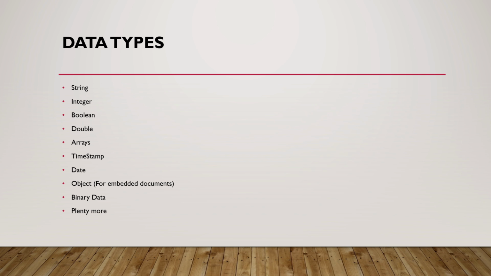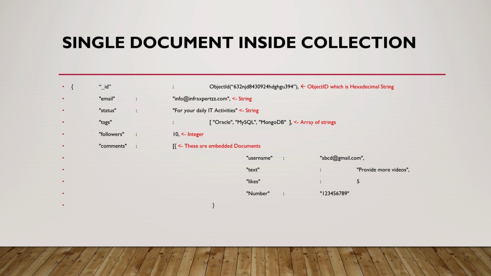String is just a string embedded into the quotes. Object is just an object. Object ID is a hexadecimal string.